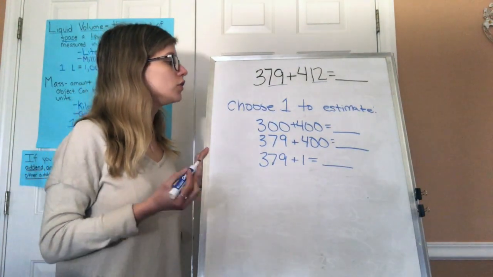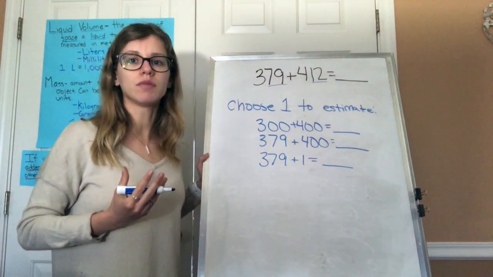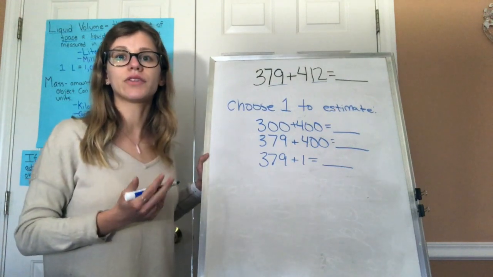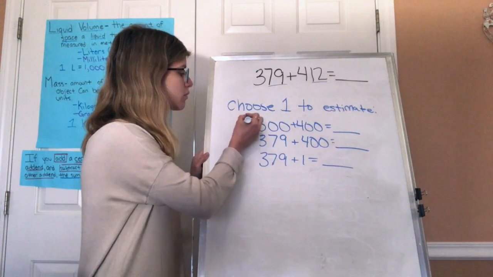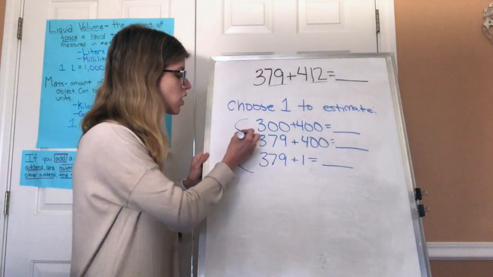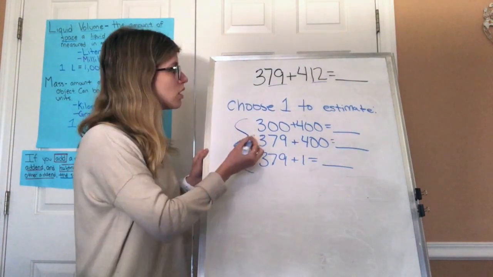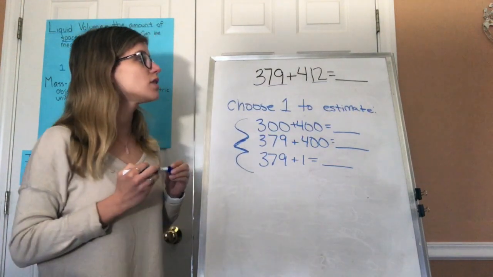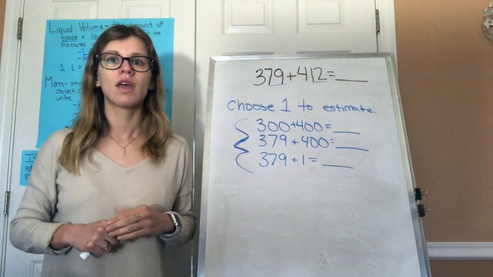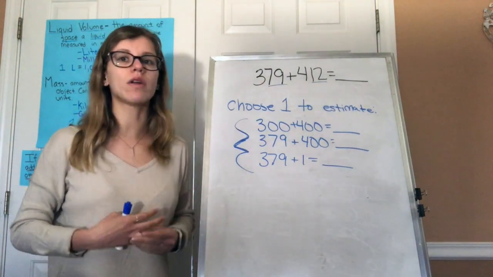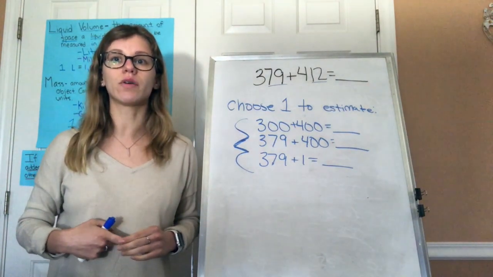Earlier in the year, you used starter problems to help you find the answer. So what I want you to do is choose one of these starter problems to solve for 379 and 412. Just choose one of these three and think about which one is going to make it the easiest for you to solve the problem.